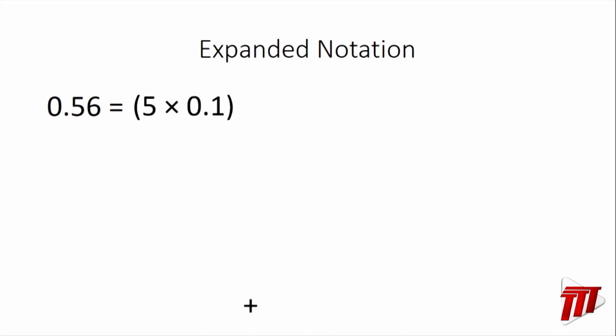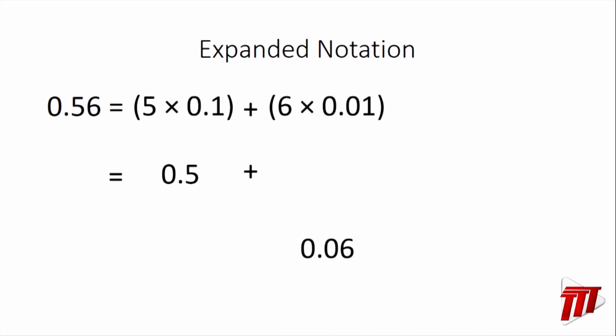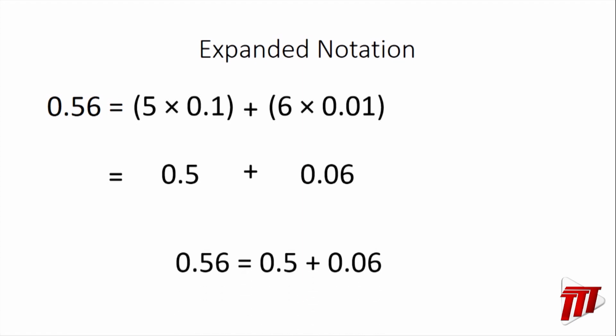The value of the digit 6 is going to be 6 by 0.01. 5 by 0.1, 0.5 in decimal notation, plus 6 by 0.01, 0.06 in decimal notation. So 56 hundredths expressed in expanded notation is equal to 5/10 plus 6 hundredths.